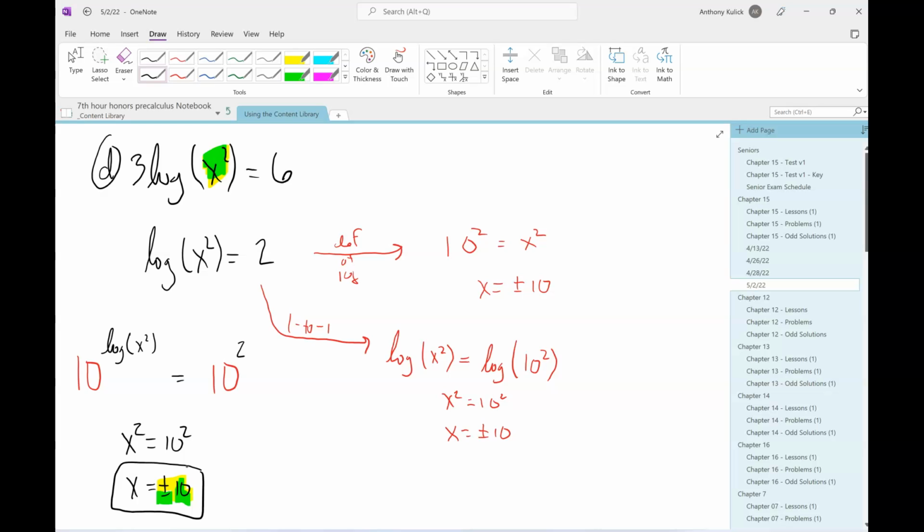The solution? Will the log of whatever's in parentheses always be positive? Nope. Logs can give you negative values. That's okay. The input.